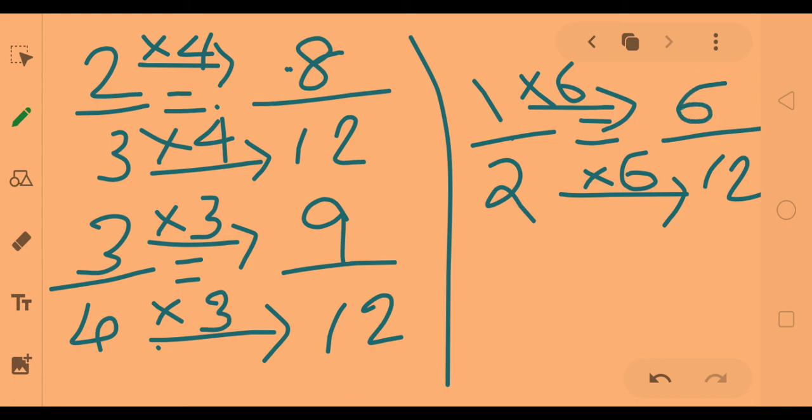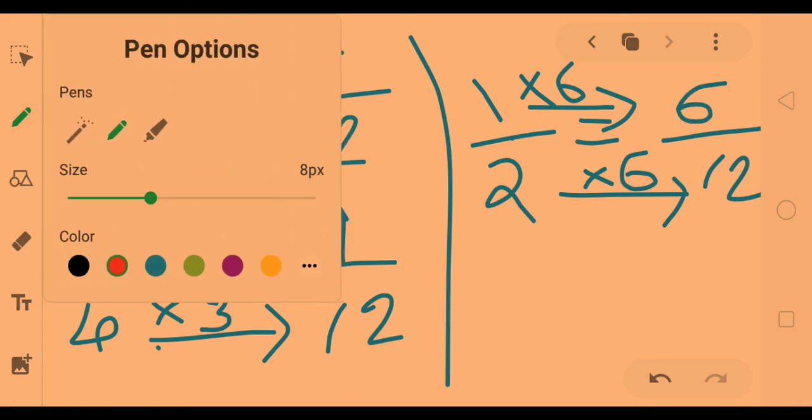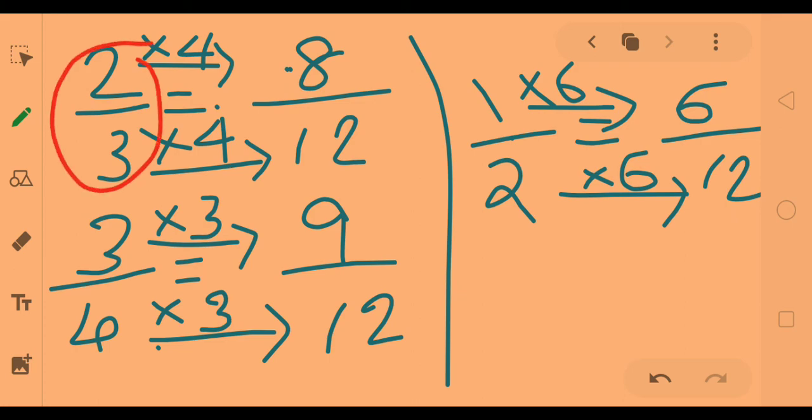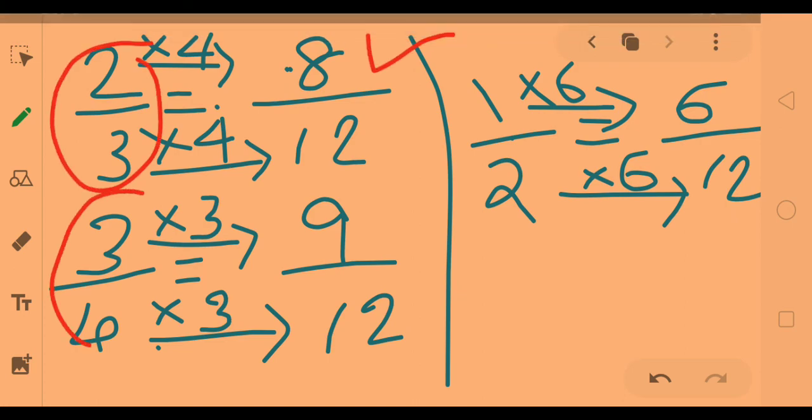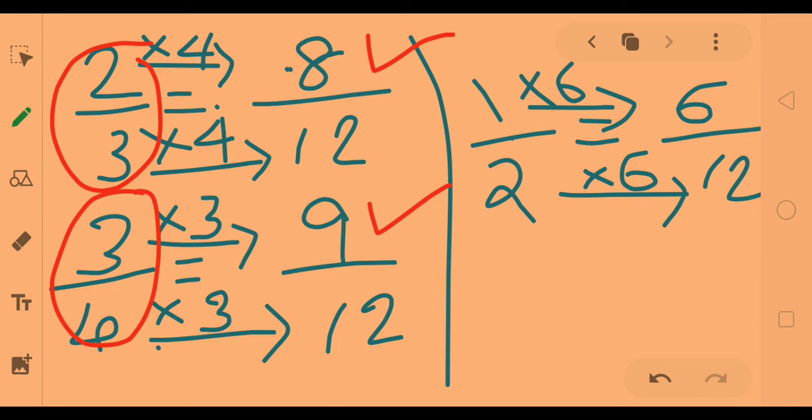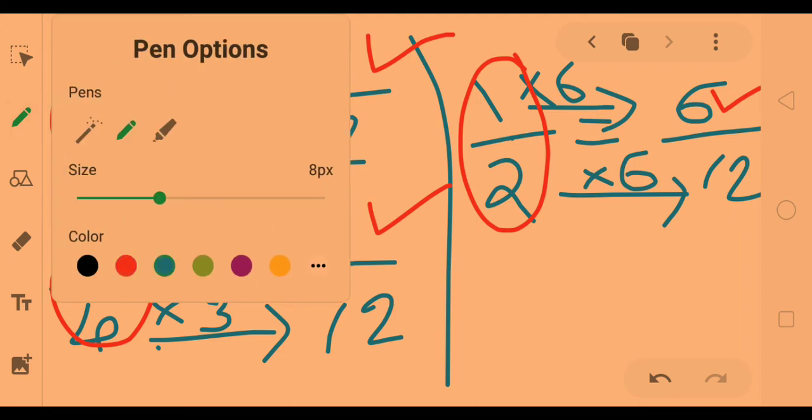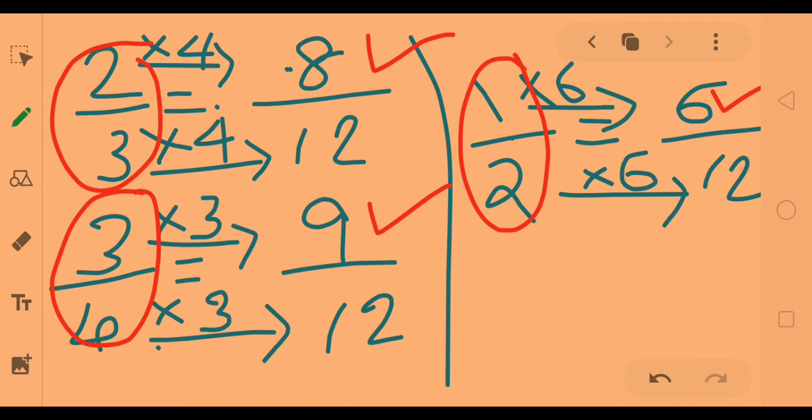So we find that the equivalent fraction of 2 by 3 is 8 by 12, of 3 by 4 is 9 by 12, and of 1 by 2 is 6 by 12. So we replace these unlike fractions: 2 by 3 by 8 by 12, 3 by 4 by 9 by 12, 1 by 2 by 6 by 12.